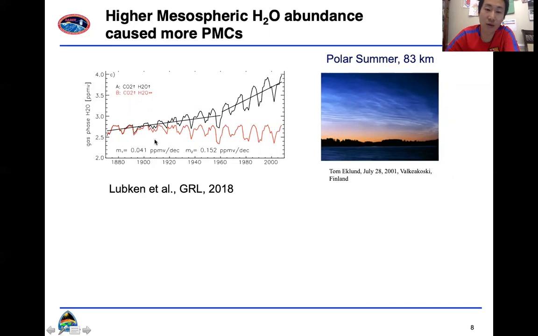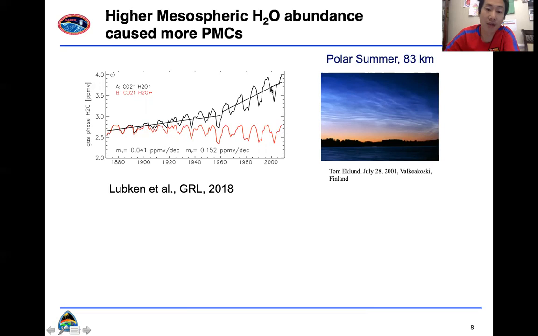And this water vapor in the mesosphere comes from methane oxidation. So in this simulation, spanning over 100 years, the red curve is increasing carbon dioxide, but constant water vapor.